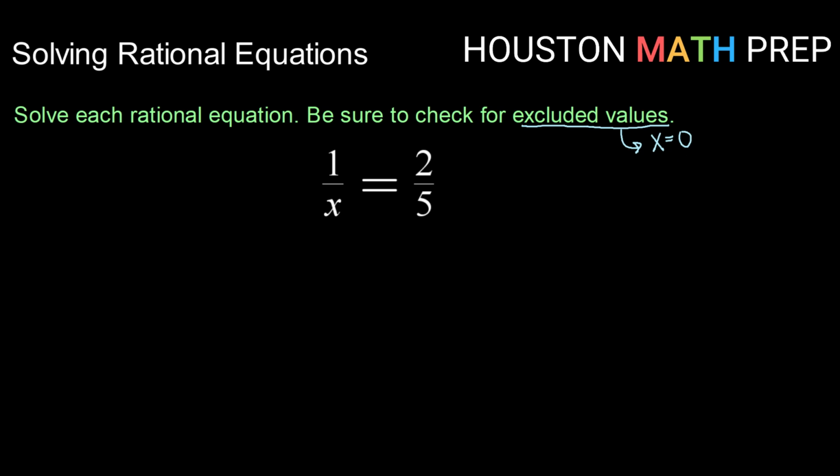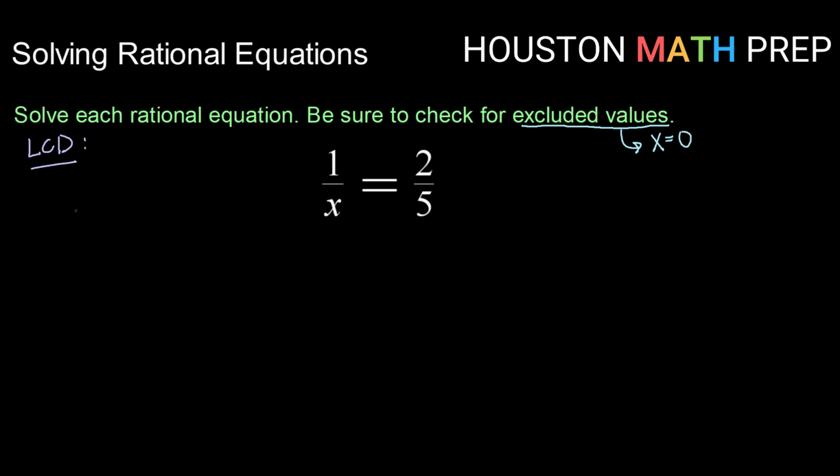Okay, so now we want to know, how do we go about solving this? Well, it's actually going to be quite similar to when we work with fractions and equations in general. We want to get rid of the fractions. So we would do that by multiplying by our least common denominator, or LCD.